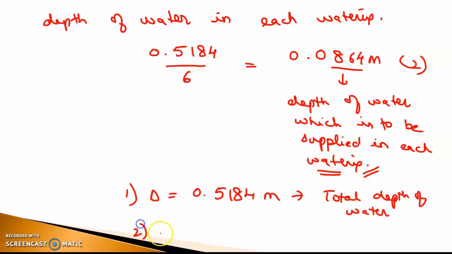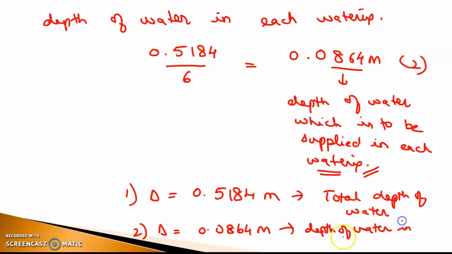And in second we got delta is equal to 0.0864 meter, and this is the depth of water in each watering. I hope the second sum is also clear.